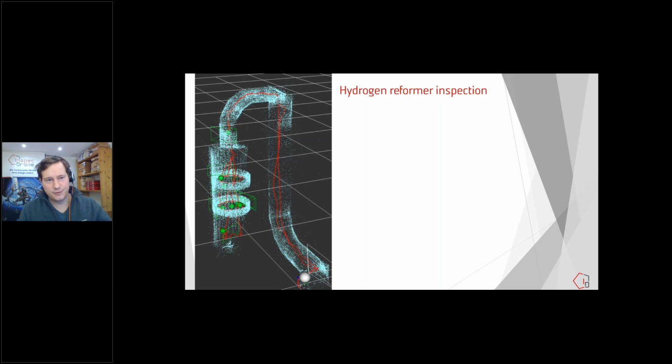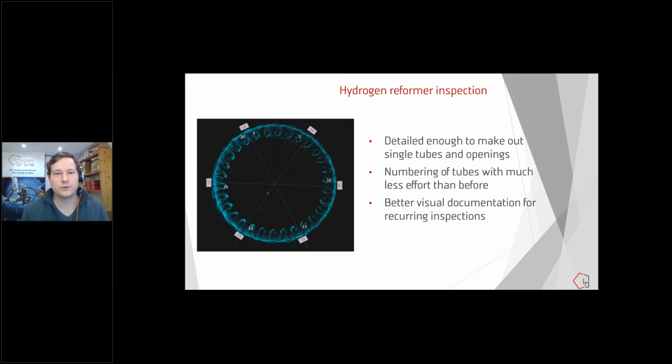The flight path in red that you see gives you a really good idea how the flight went, and with some further data processing, you can do extremely detailed analysis. So in this instance, the data was so good you could make out single tubes in the hydrogen reformer. I actually did measurements on the tubes, and they were really good.